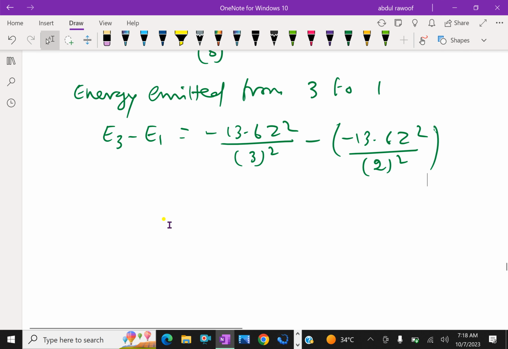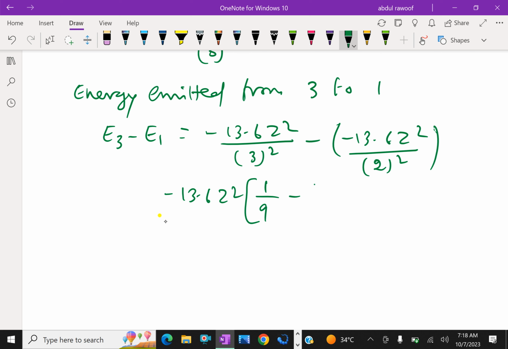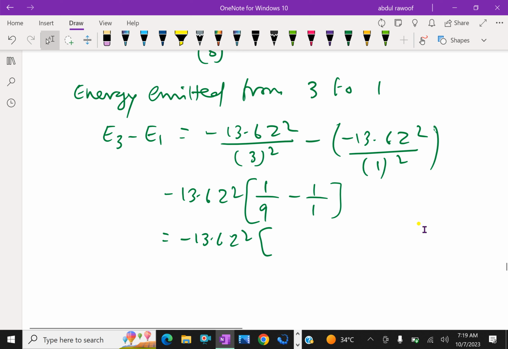So simplifying both, take out minus 13.6 z square, 1 over 9 minus 1, equal to minus 13.6 z square, 1 over 9 minus 1 is minus 8 over 9.